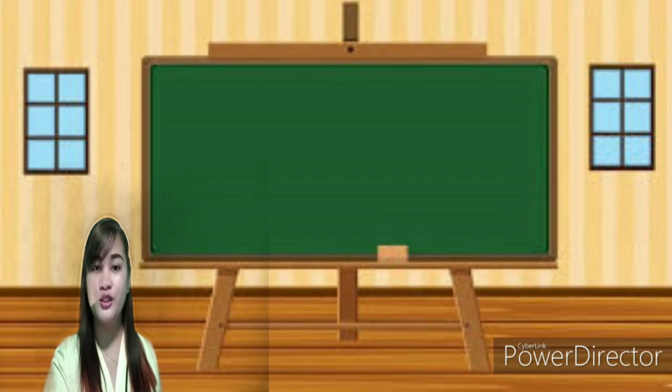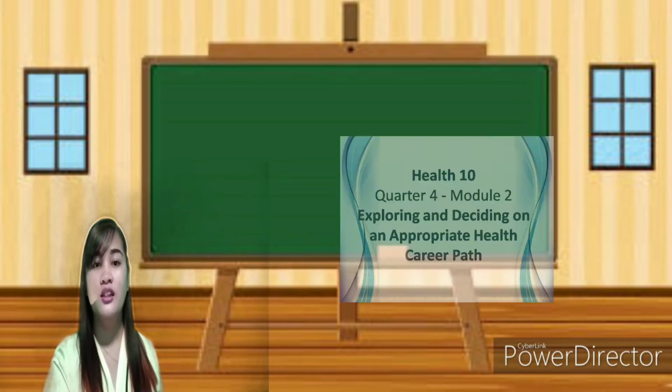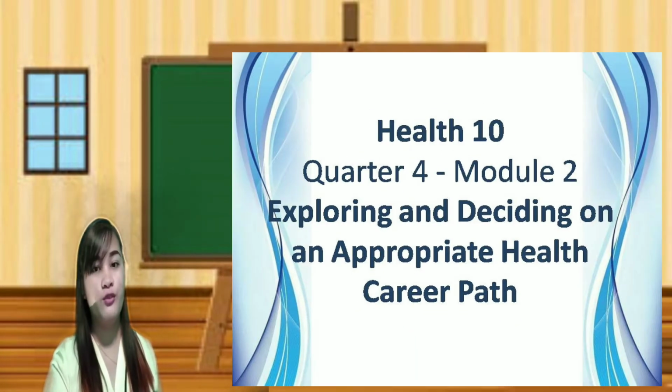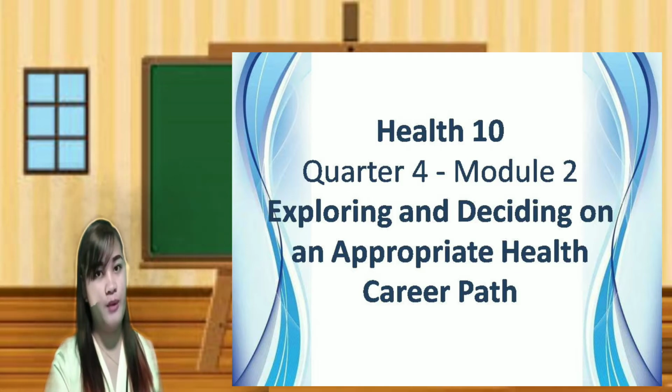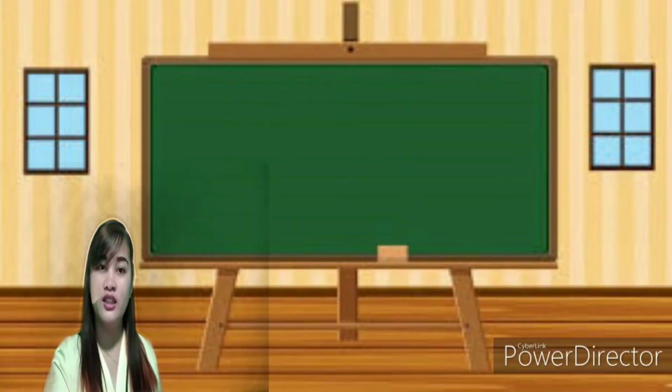So our lesson for today is about Health 10, Quarter 4, Module number 2, Exploring and Deciding on an Appropriate Health Career Path. So let me read the learning objectives.